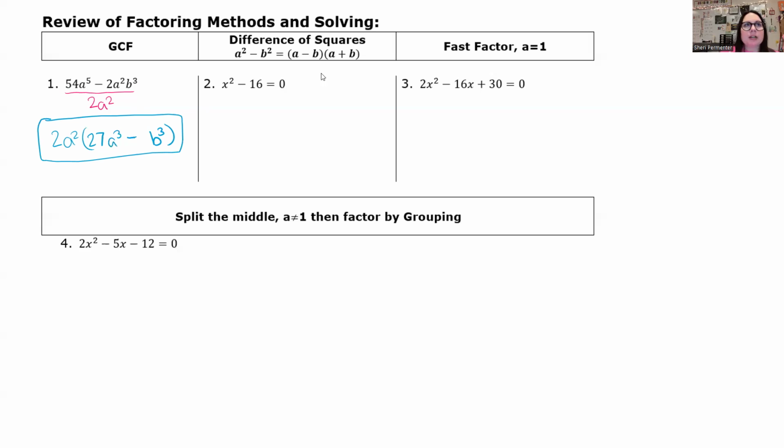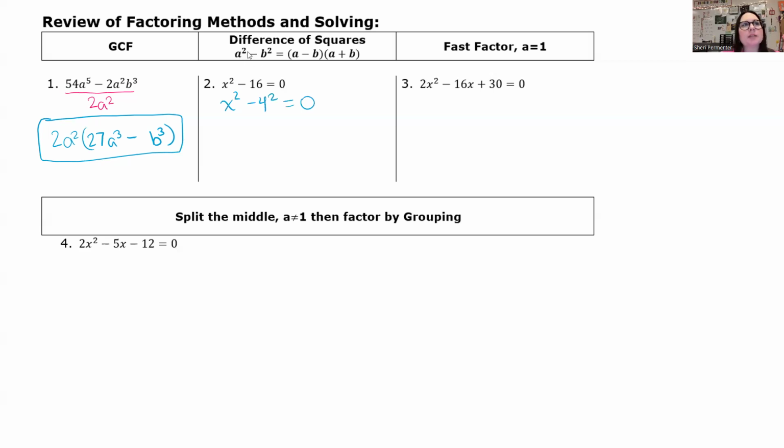Next type of factoring, we've got difference of perfect squares. Anytime you have something squared minus something squared, you can do the difference of perfect squares. And for this one, I'm going to start by rewriting it. This is the same thing as x squared minus 4 squared. Do you agree? Yeah. So now I can use this formula.